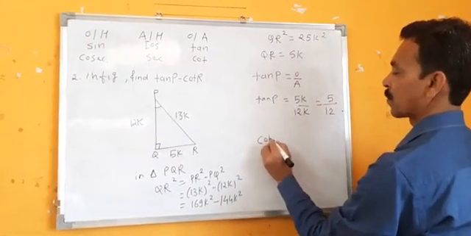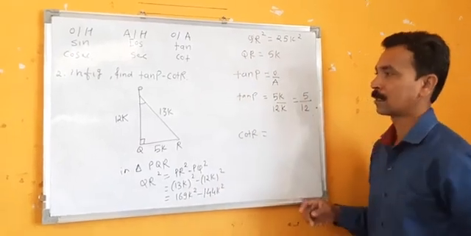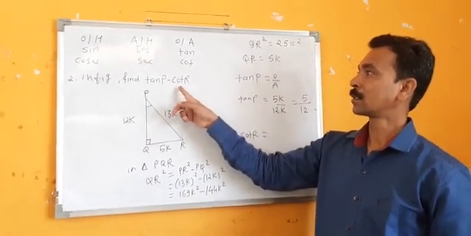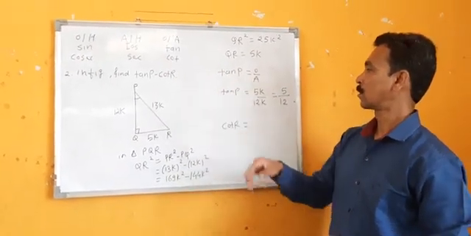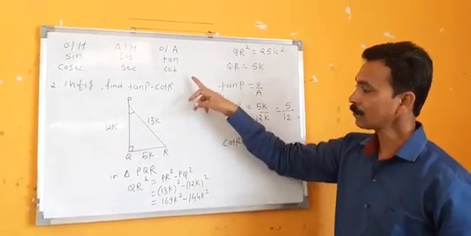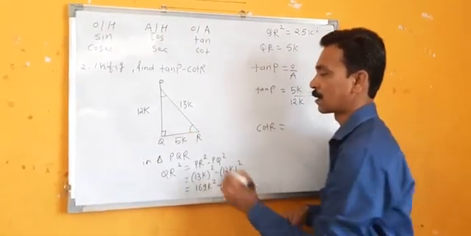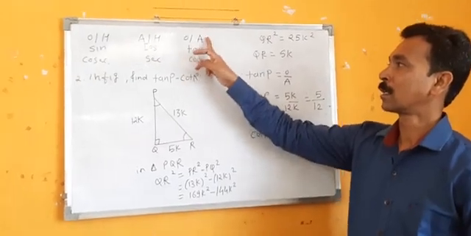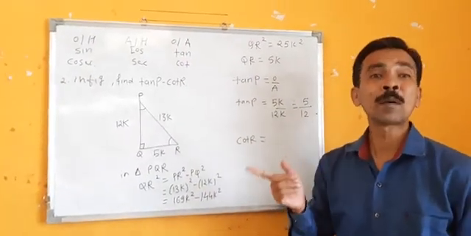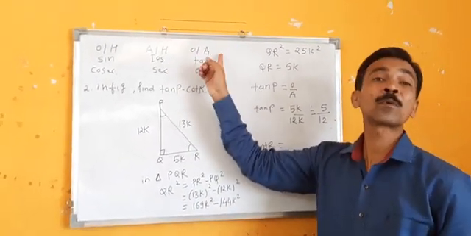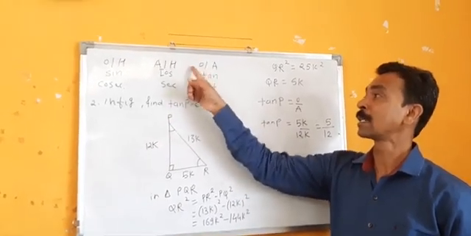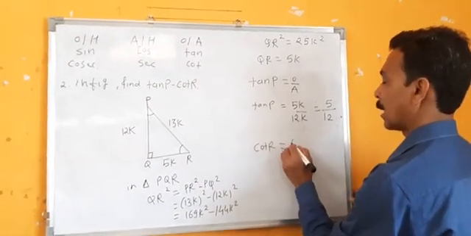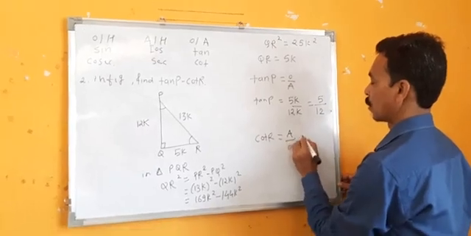Now it is cot R. Clear? Reference angle is this. What is cot? Adjacent upon opposite, because tan is opposite upon adjacent. So cot will be adjacent upon opposite.